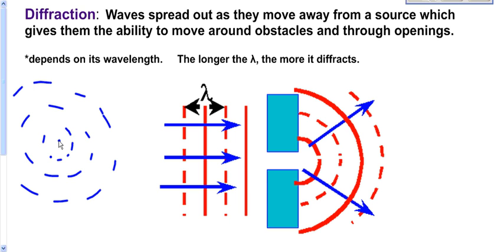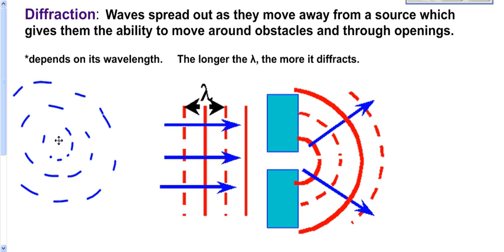As those ripples move out away from the source, as they interact with obstacles in their path or openings, they're able to move around and through different kinds of obstacles. This whole phenomenon is called diffraction, and it depends on a lot of properties of the wave. Probably the most important thing it depends on is the wavelength of the wave itself, and we'll see how wavelength dependence on diffraction causes a lot of cool phenomena to occur.